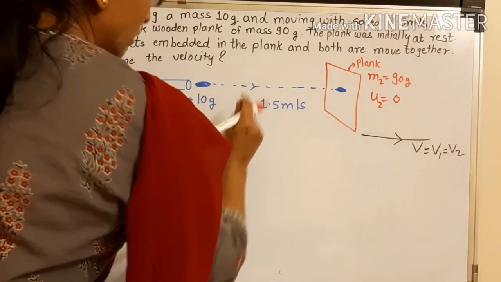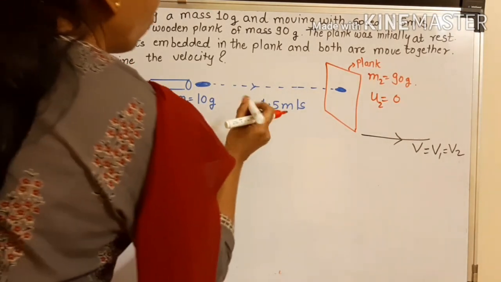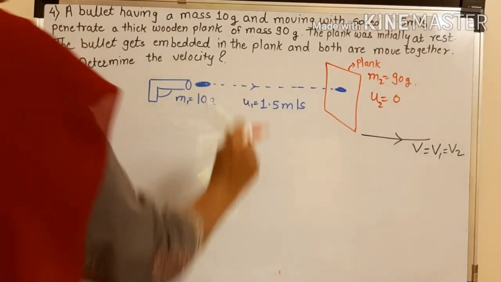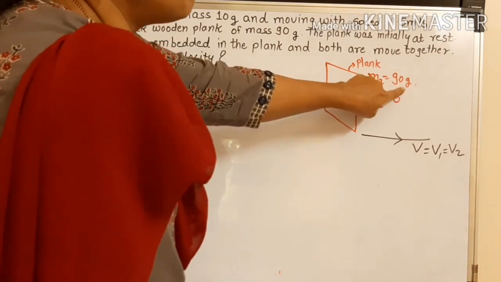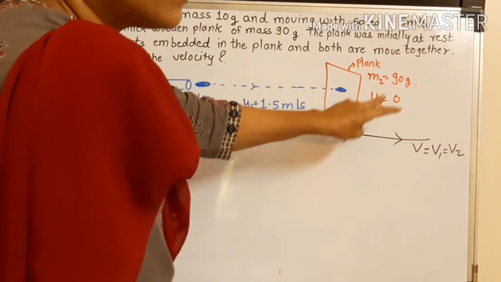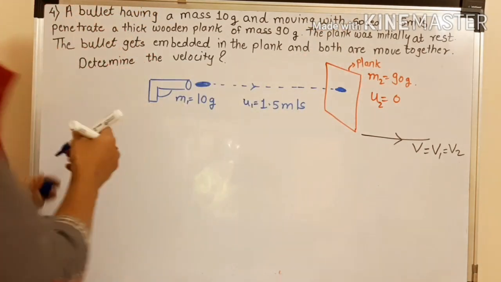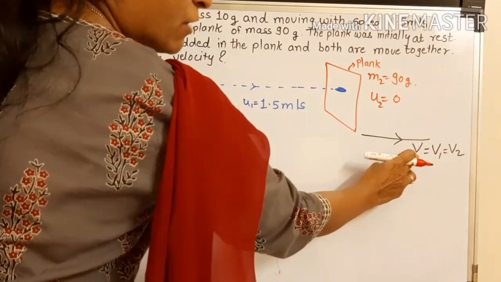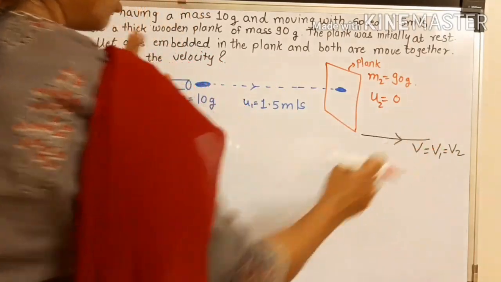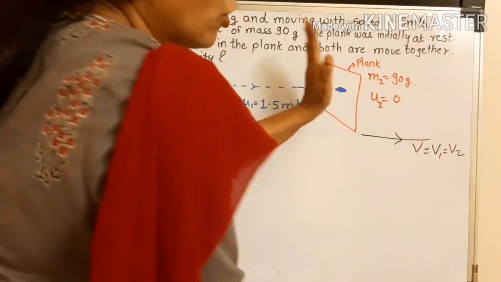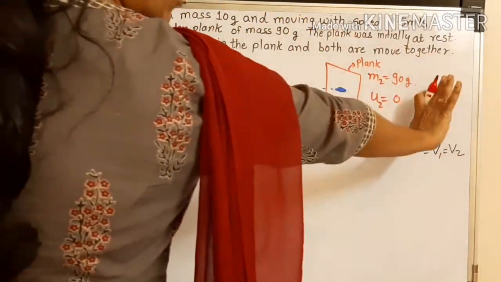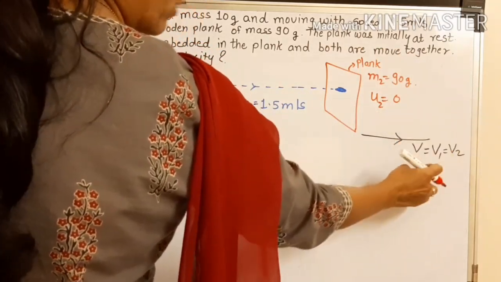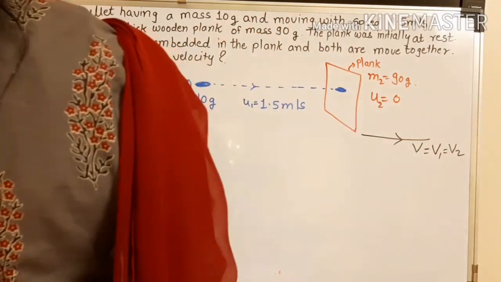This is U1, M1, the initial velocity of the bullet, M2 is the mass of the plank, U2 is the initial velocity of the plank. Both are moving with the same velocity, and that V we have to calculate in this problem.